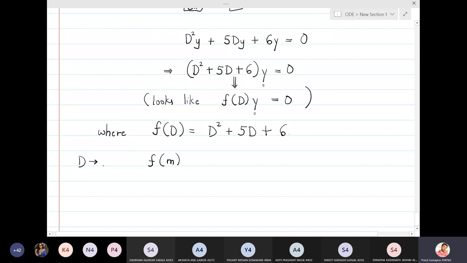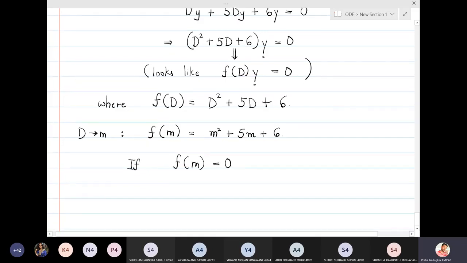If I just replace D by m, I'll get m square plus 5m plus 6. Now once you get f(m), if you equate this f(m) to 0, that is m square plus 5m plus 6 equal to 0.